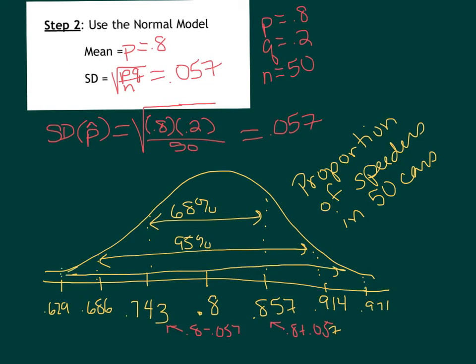So it's kind of long to draw the normal model out. If you want, you can write it out in sentences. We expect that 68% of the time the police will find between 74.3% and 85.7% of people speeding, and 95% of the time we will find between 68.6% and 91.4% speeding.